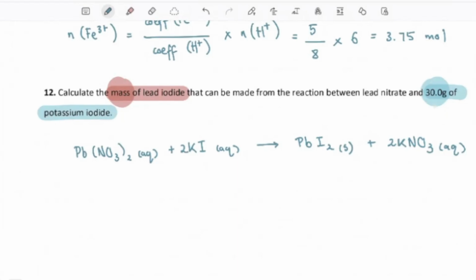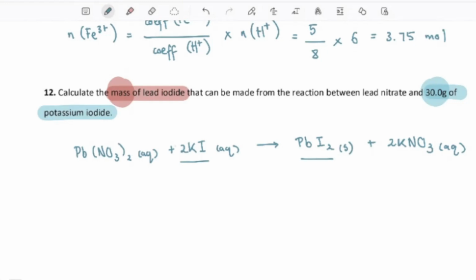The way that you can draw the connection is, say you are using 1 mole of potassium iodide, then you are essentially going to be producing 0.5 moles of your lead iodide.